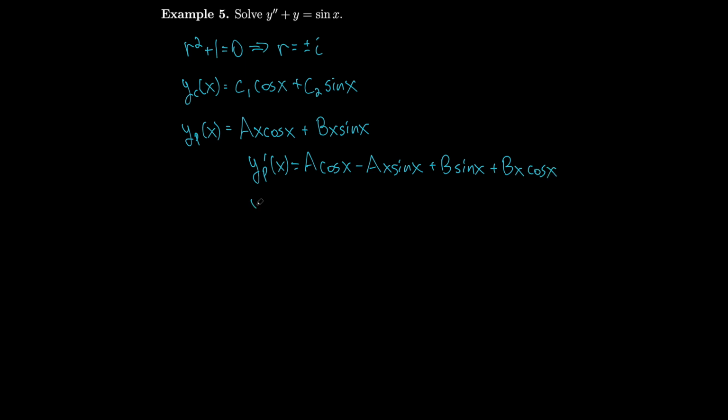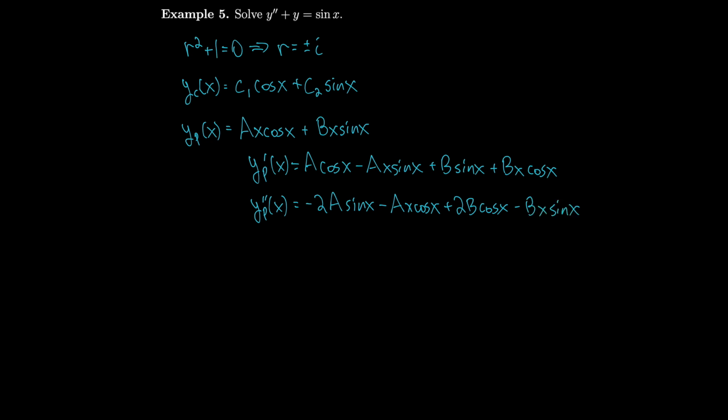And we take another derivative, and we get -2a sine x minus ax cosine x plus 2b cosine x minus bx sine x.